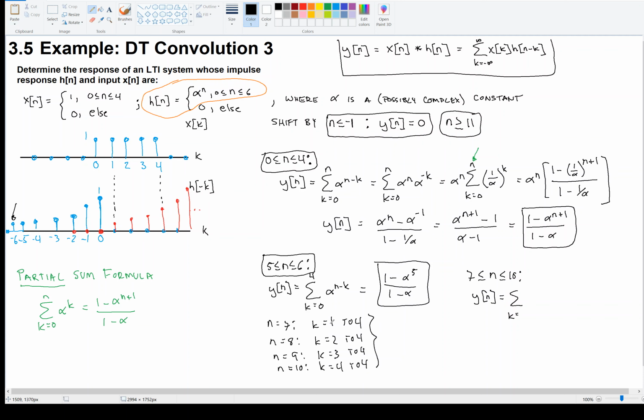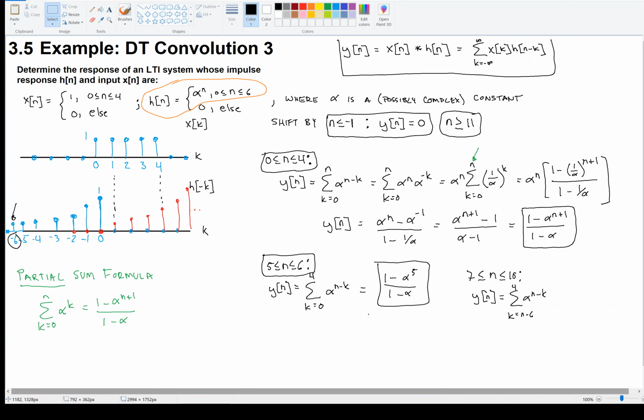When n was 7, the lower bound was 1; 8, 2; 9, 3; 10, 4. So in general, it looks like it's n minus 6. And the minus 6 comes from the fact that this edge is at minus 6. And then in all these cases, we sum to 4. N minus 6 to 4. And again, in this range, x is 1, the non-zero overlap, and h of n minus k is alpha to the n minus k.